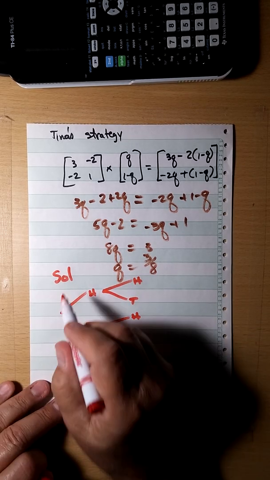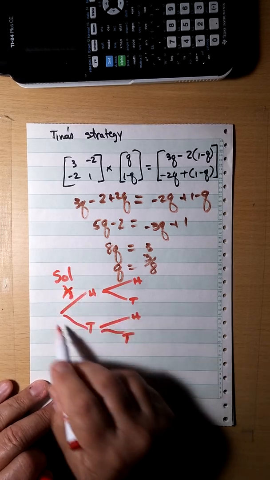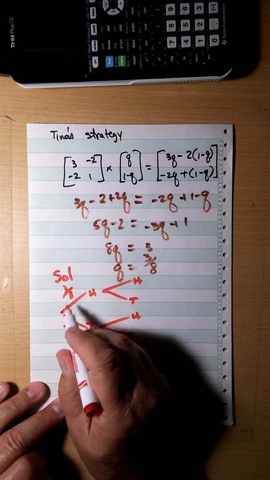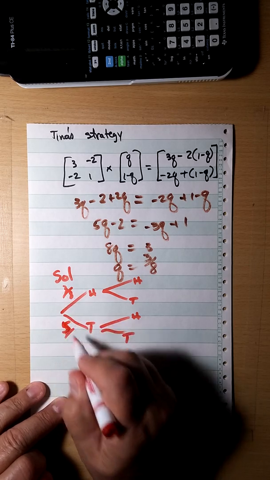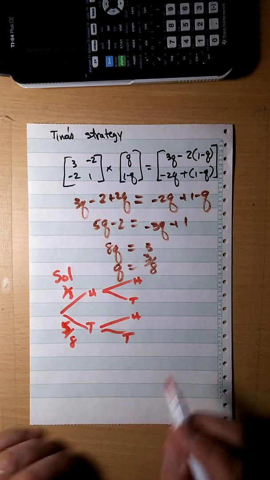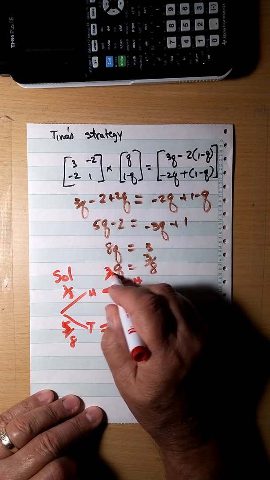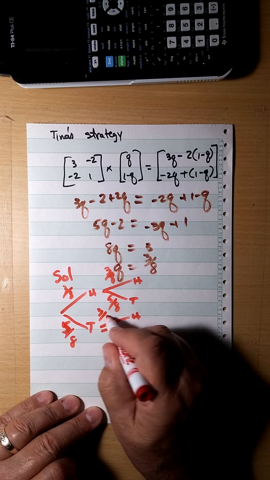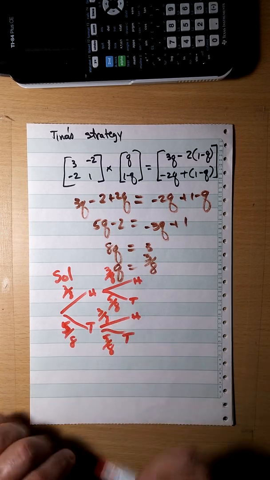Remember, if they do 3/8, then 5/8 would be for that. This would be the 3/8 and the 5/8. The 3/8 and the 5/8.